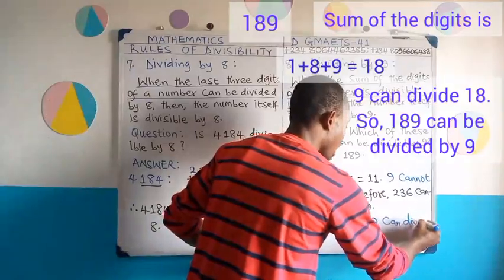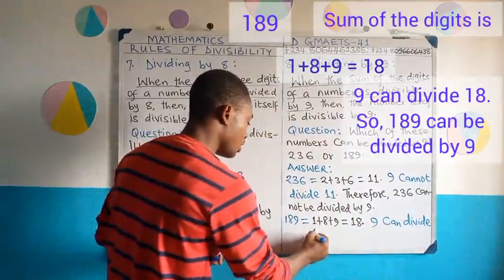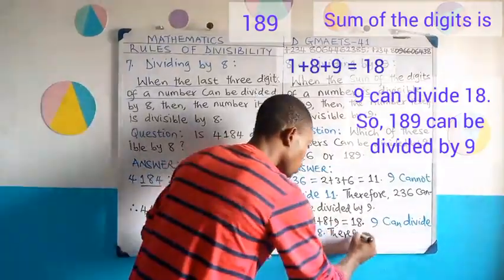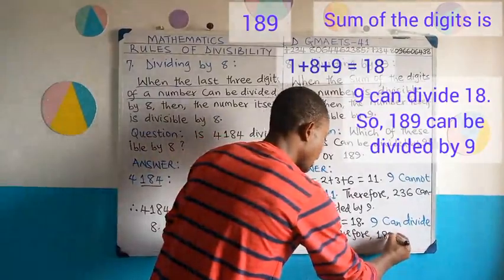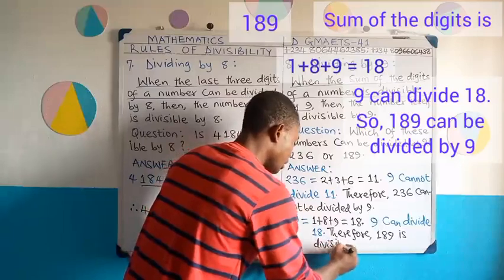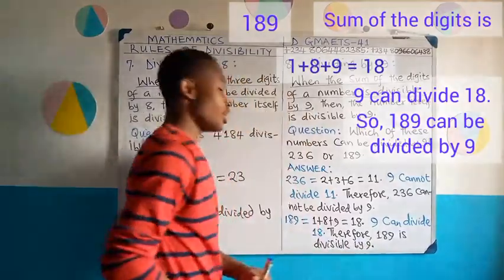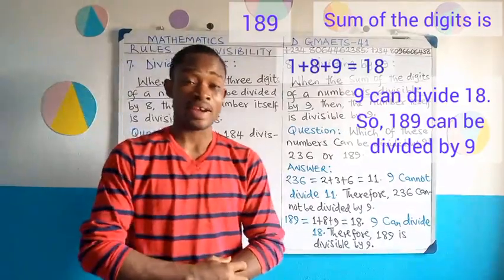So what does it mean? We conclude, therefore, 189 is divisible by 9. Alright, so that is the rule of divisibility by 9.